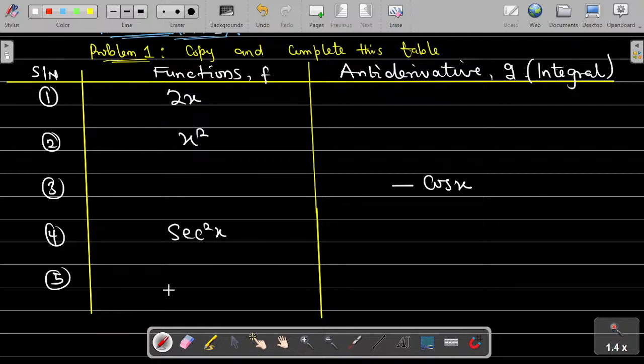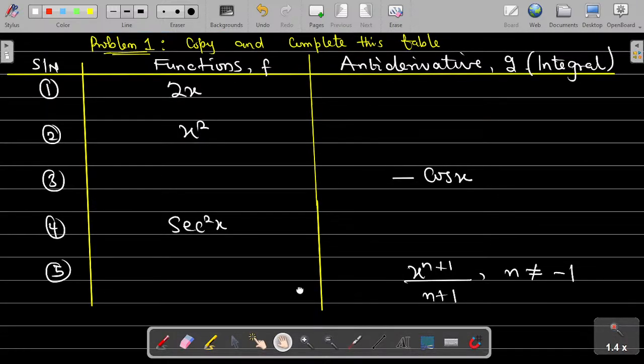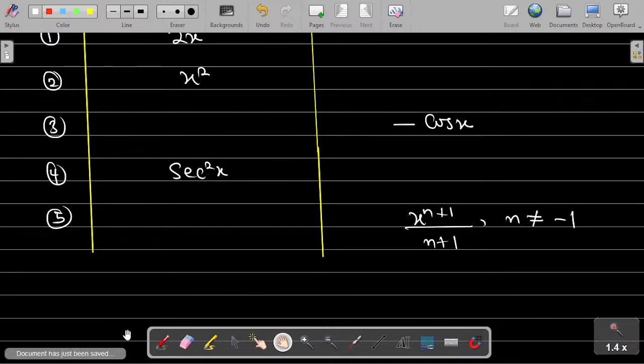Number 5, the antiderivative is given as x raised to power n plus 1 all over, and then the last one, number 6. Here we are also given the antiderivative.